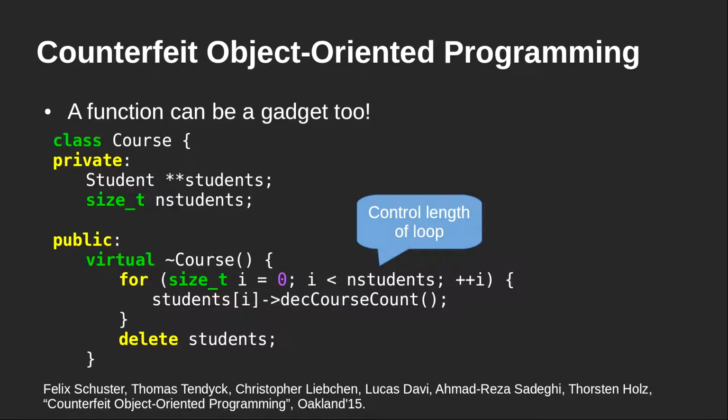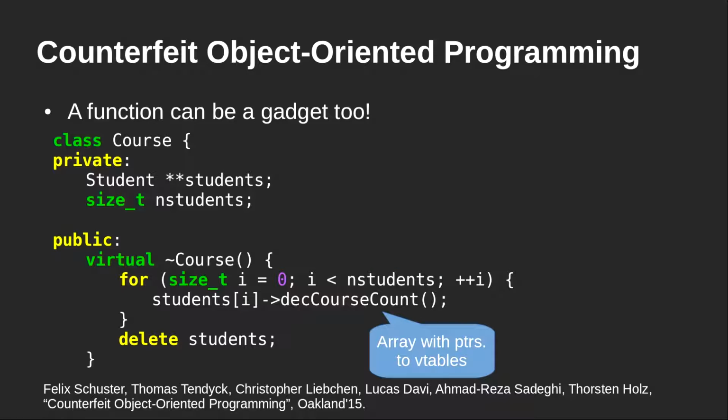Then the attacker can suddenly generate a set of virtual targets and can reuse existing virtual tables to execute arbitrary behavior. And as a second step, use these different virtual tables and connect them in a new way.